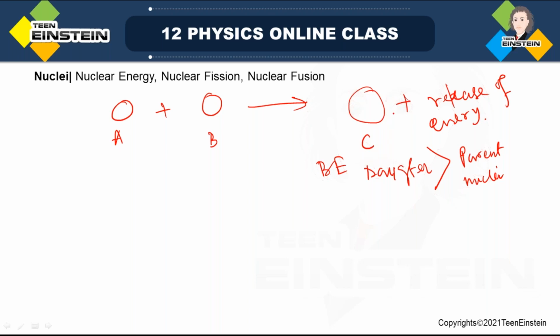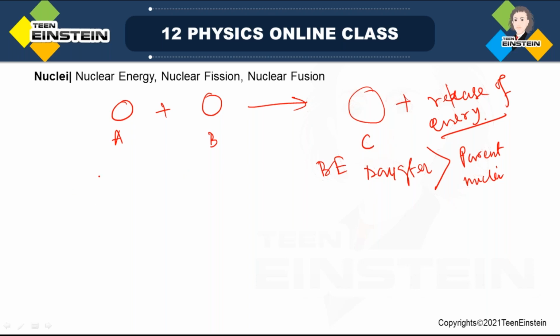When there is greater stability or greater binding energy, then there will be release of energy. Just make this point clear again. If you have two nuclei, they combine together to make a bigger nucleus C. If the binding energy of the daughter, this is called daughter, the product nuclei after the reaction, has greater binding energy, then there will be release of energy.